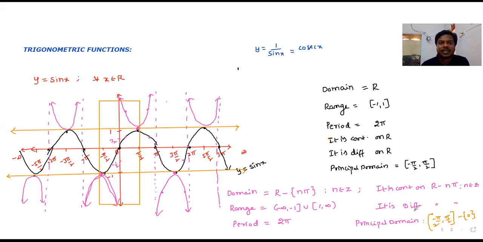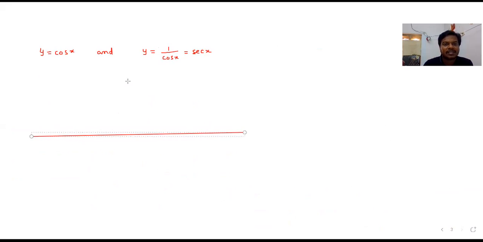Next, we are going to discuss the graphs of y equal to cos x and its reciprocal graph 1 by cos x, that means secant x. Let us see the graphs of y equal to cos x and y equal to 1 by cos x, that means the secant x graph. X axis, y axis, and this is the origin.